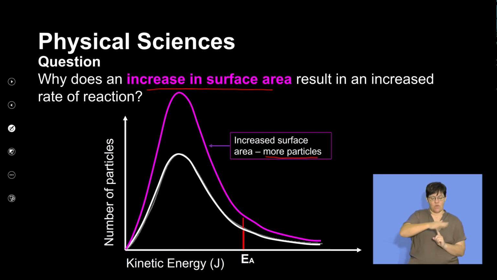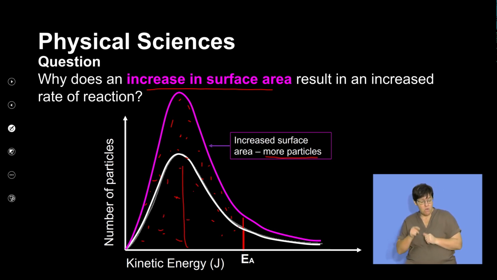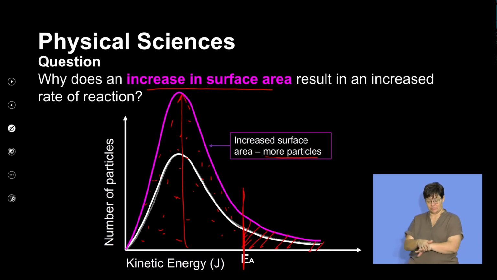So when we use powder, we have more particles that interact during the reaction. We have more particles that have that average kinetic energy. And if we look at how many particles will result in effective collisions, we can see that entire part there results in effective collisions.